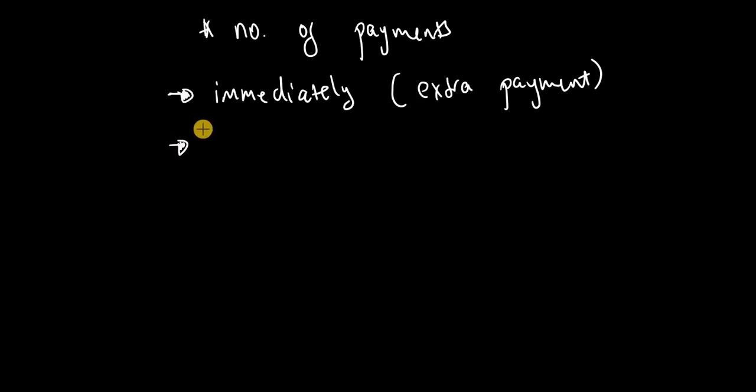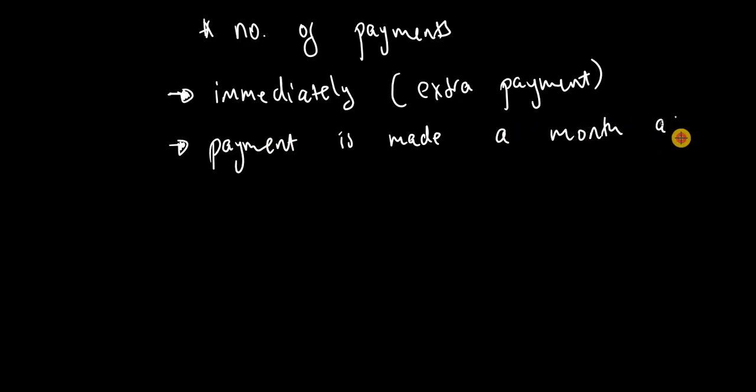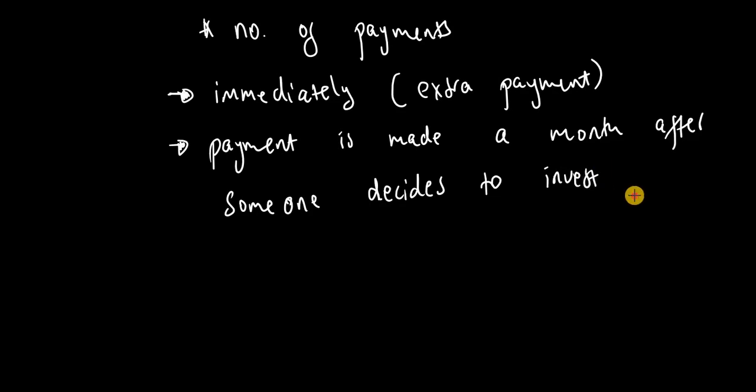If payment is made a month after someone decides to invest, then there is no extra payment. That is it.